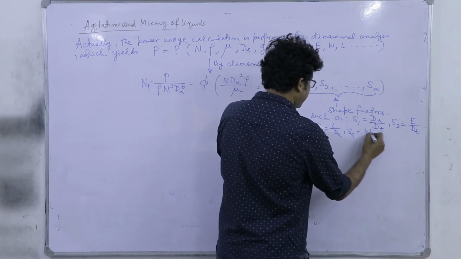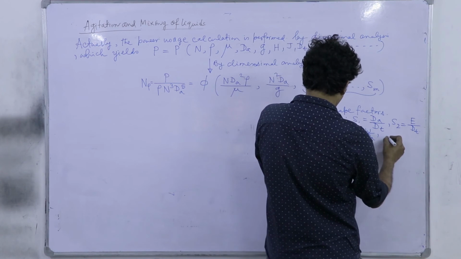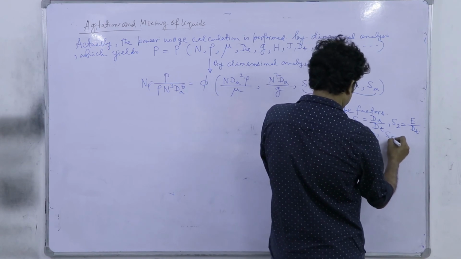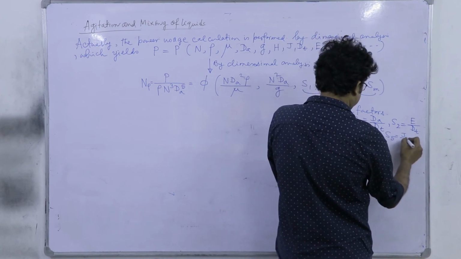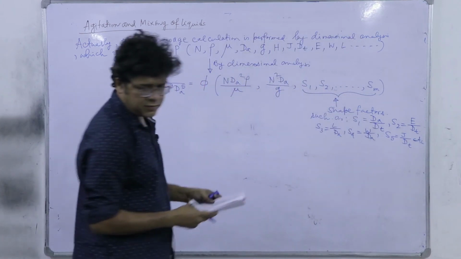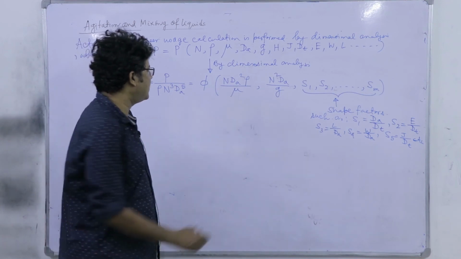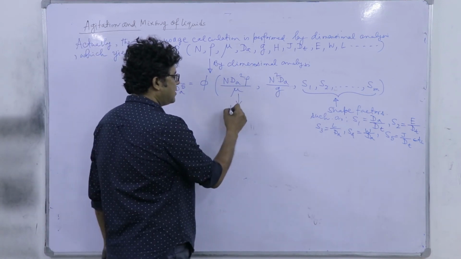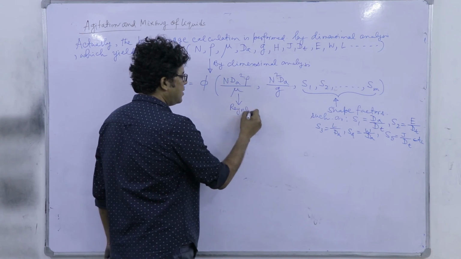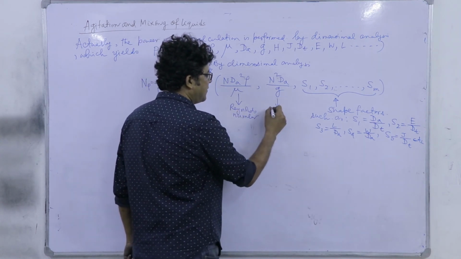S4 is W by dA for turbines specifically. S5 is J by dT, etc. So these are the standard notations we use. Now what are these numbers? This is definitely the Reynolds number. And this is the Froude number.